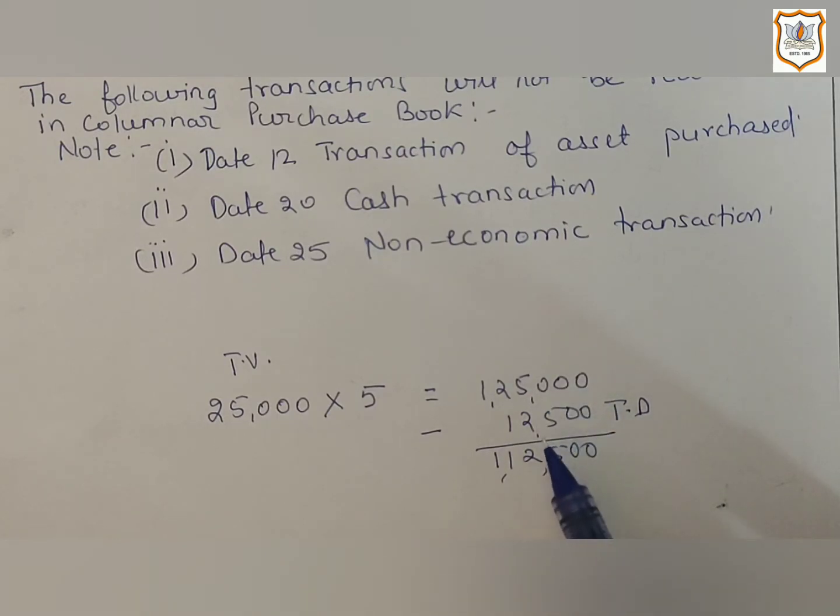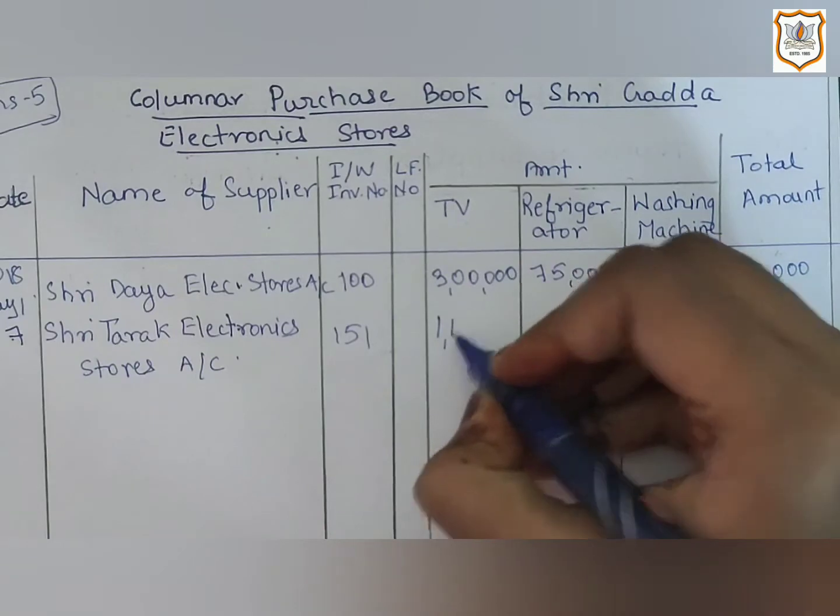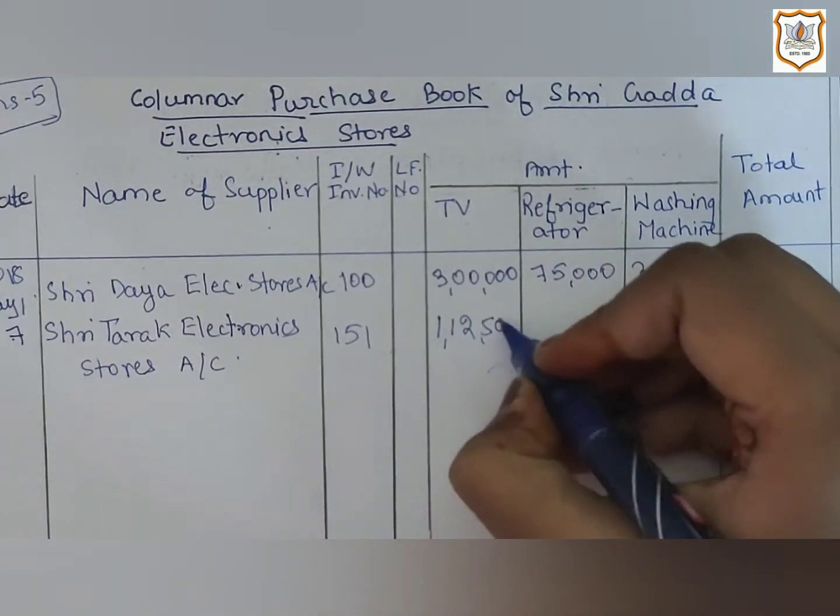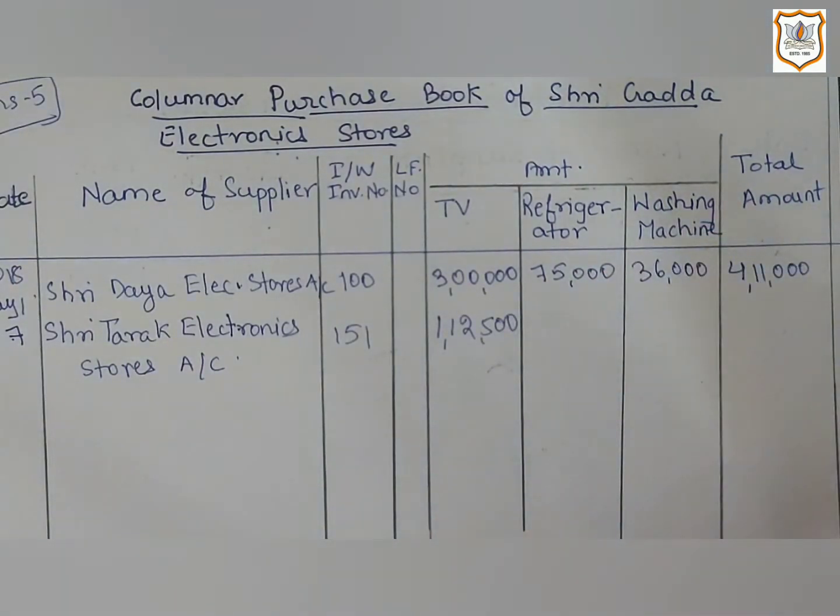By subtracting 12,500 from 1,25,000, we get 1,12,500. This amount we will write in the column of television, that is TV. So 1,12,500 is the amount arrived at after deducting the trade discount.